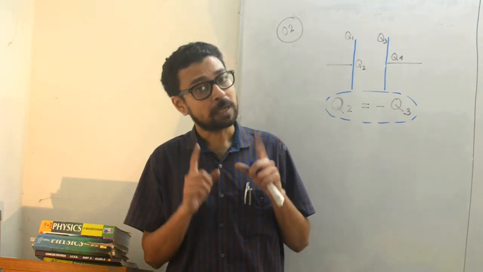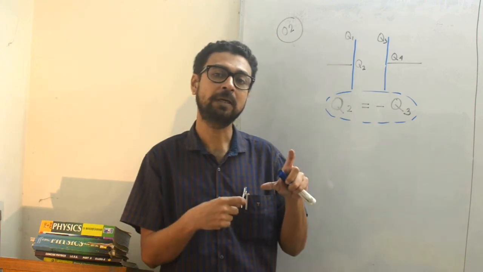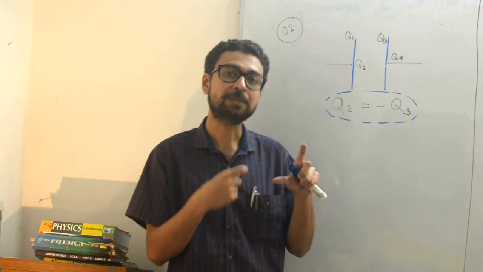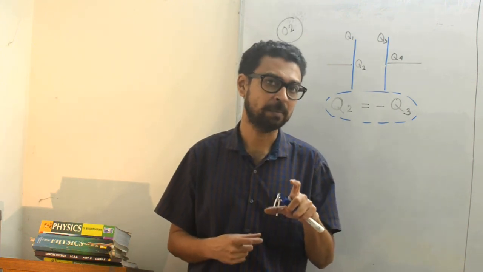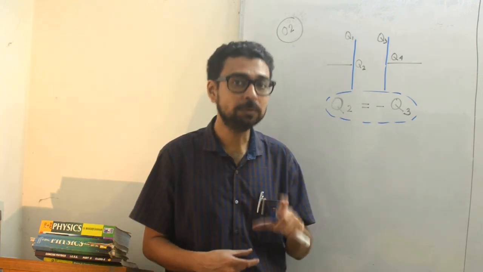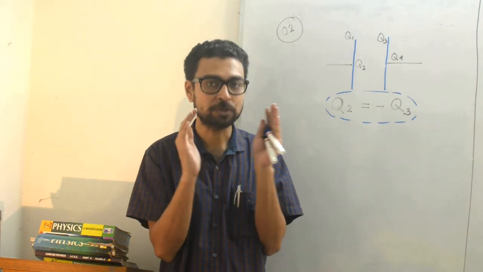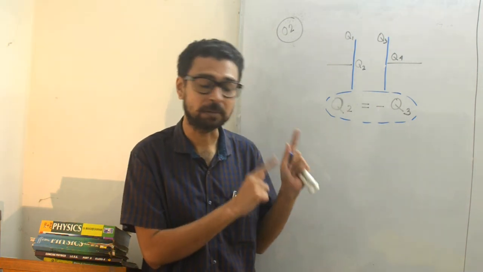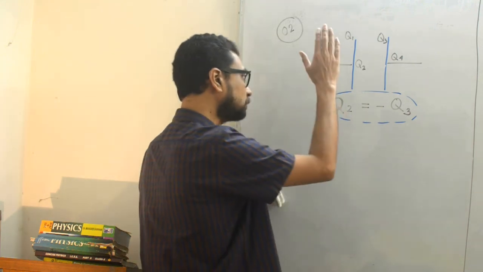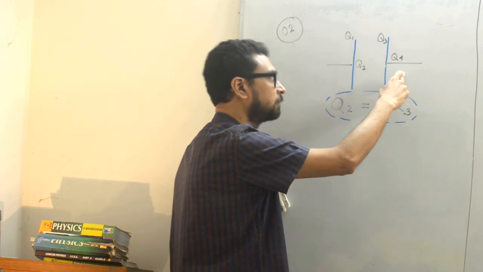And that concept we already used in deducing the expression for parallel plate capacitor. You remember E equals sigma by epsilon naught. This expression we used in parallel plate capacitor, and these two concepts we have to jot down in order to solve this problem. Okay, so the outer plates, there are 4 charges, Q1, Q2, Q3, Q4 mentioned.